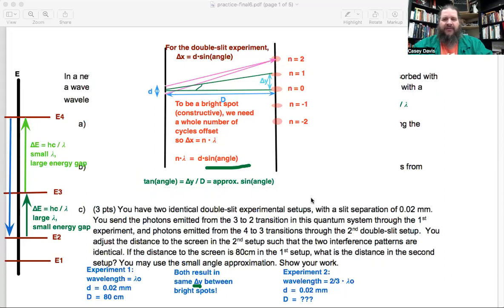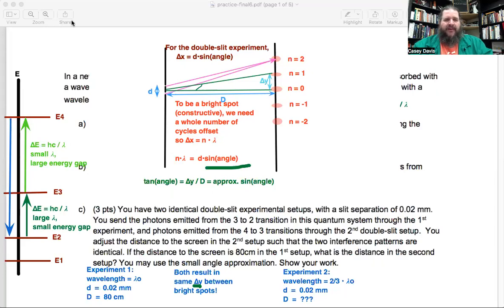For small angles, angles close to 0 radians, sine of the angle and tangent of the angle and the angle itself, if it's measured in radians, are all pretty close to the same value. Like if you got an angle whose radian measure is 0.01, the sine of that angle will also be pretty close to 0.01, and the tangent of that angle will be pretty close to 0.01 as well. They'll all be about the same value.